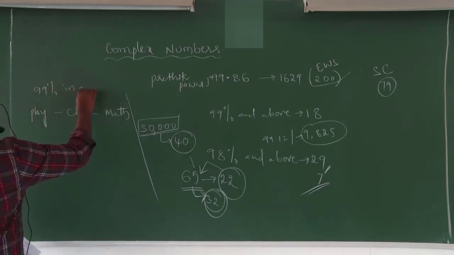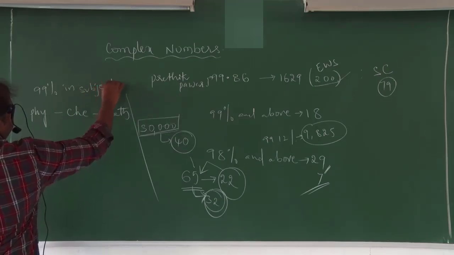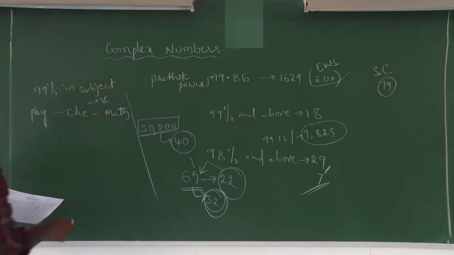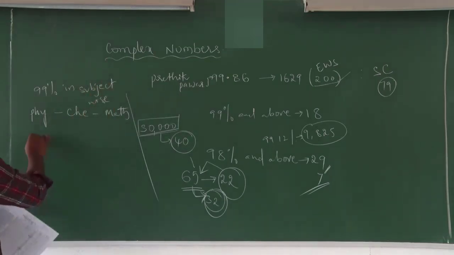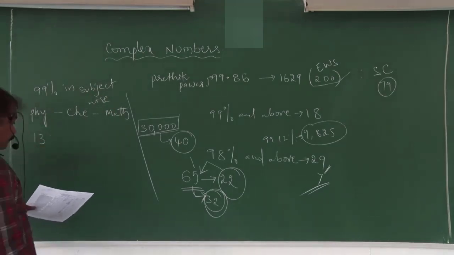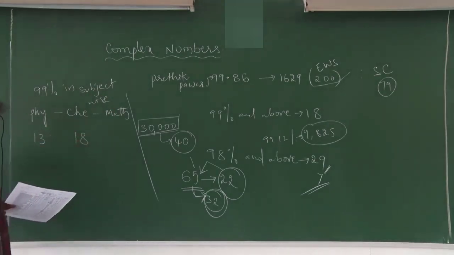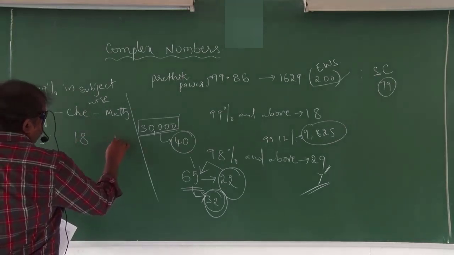In physics 13 members are there, in chemistry 18 members, in mathematics 12 members.